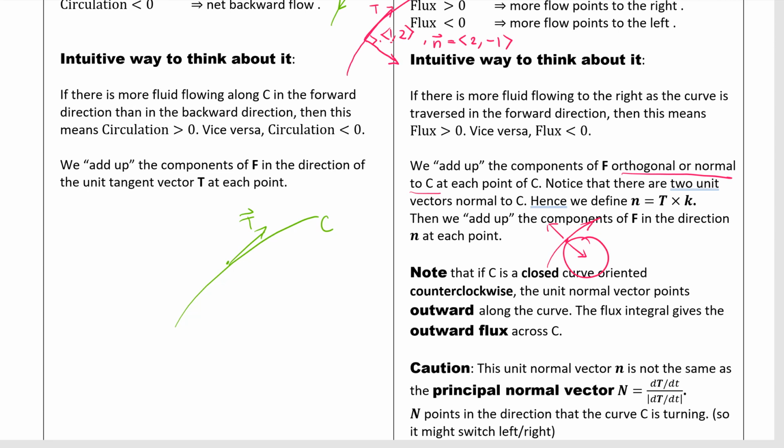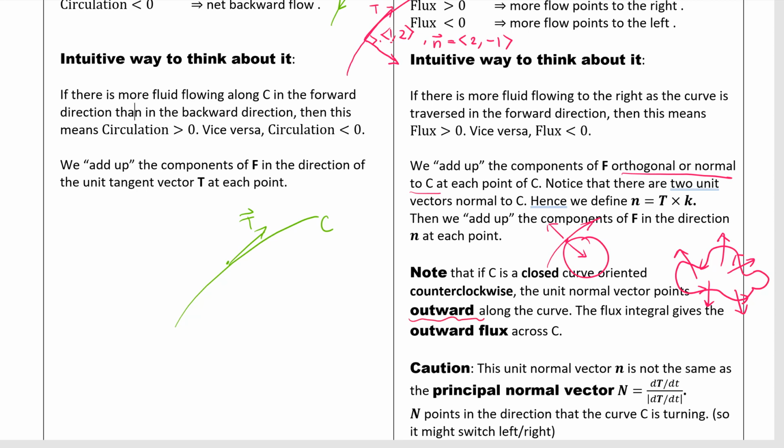Notice that if C is a closed curve oriented counterclockwise, then the unit normal vector points outward along the curve. So think about it. If we have a closed curve oriented counterclockwise, then pointing from the left to the right means we're measuring the fluid that flows outward.